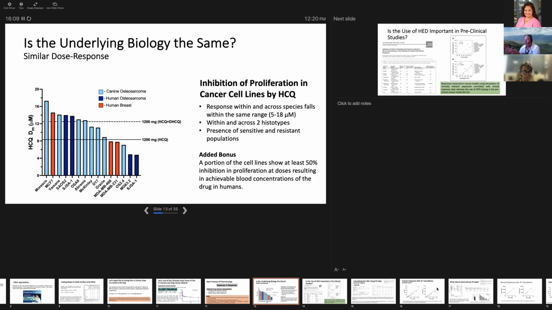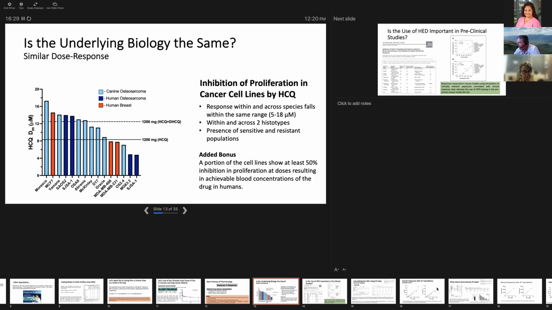So you don't have all the human on one side and all the dog on the other side. And the added bonus, and this is going to get again to my lecture next month, at least 50% inhibition is shown at concentrations that are achievable in the plasma of humans, which is what I show in those lines. So just something to think about.